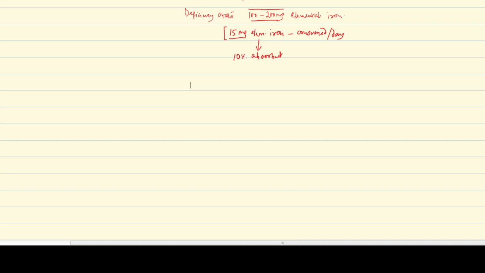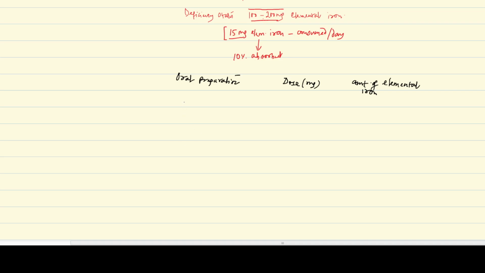So let's look at the oral preparations. Let's look at the dose in milligrams, and let's see the amount of elemental iron.